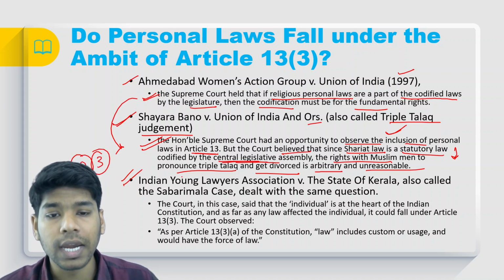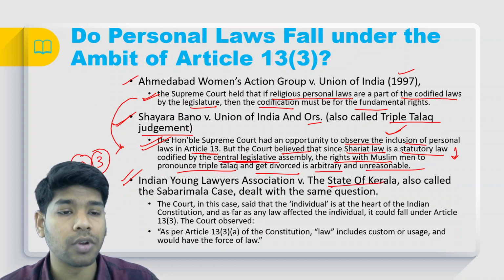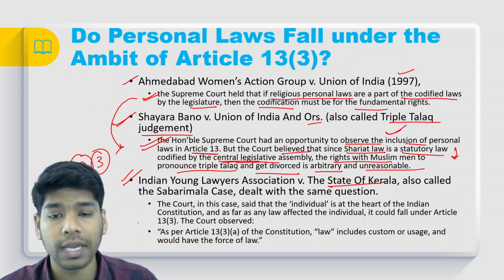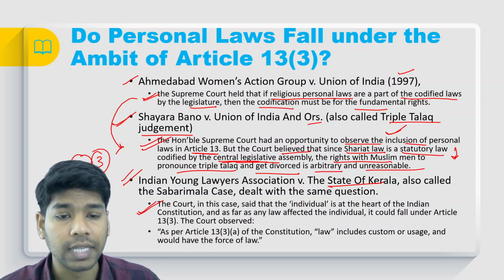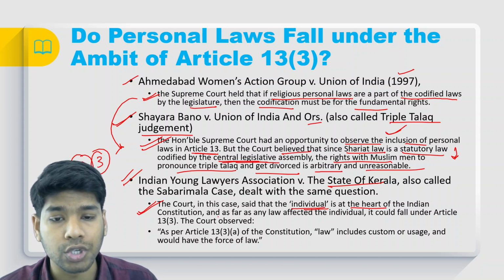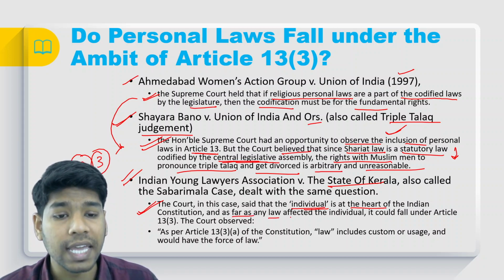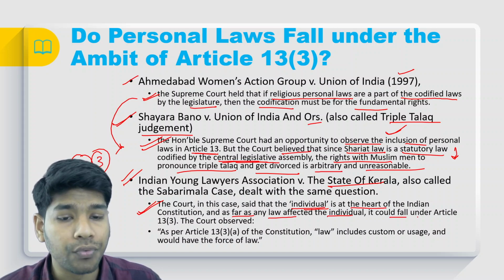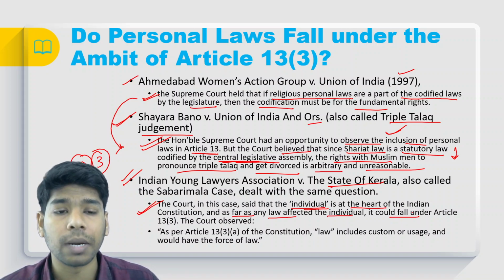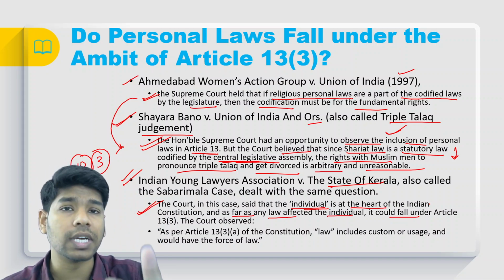And the next one, India Young Lawyers Association versus the State of Kerala, which is famously known as the Sabarimala case. In this, the court said that the individual is at the heart of the Indian Constitution, and as far as any law affects the individual, it could fall under Article 13(3). That means the individual was given the greater importance.